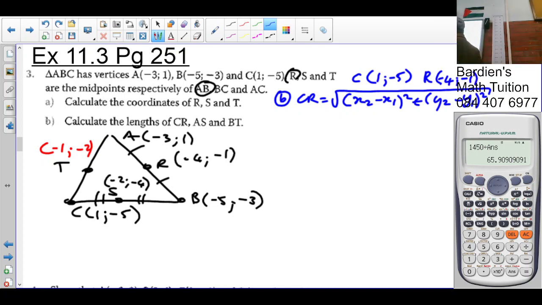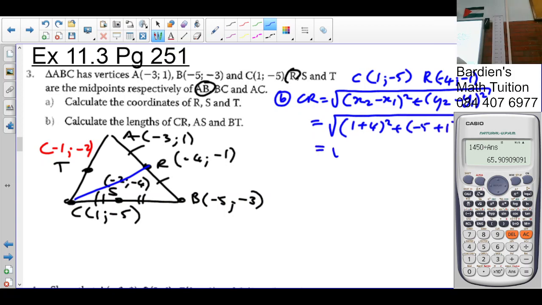So CR, this line here, is what we calculate. That will simply give us the square root of (1 minus negative 4) squared plus (negative 5 minus negative 1) squared. That gives us the square root of 25 and 16, which is 39.